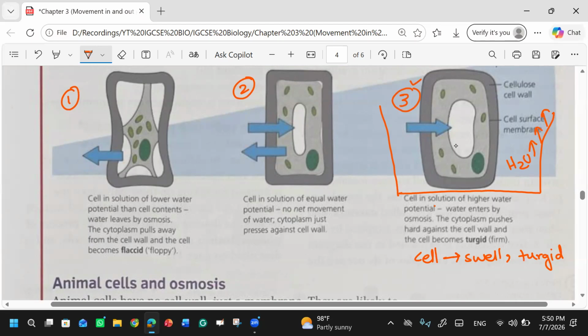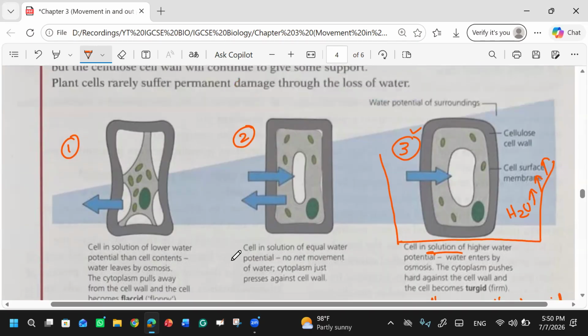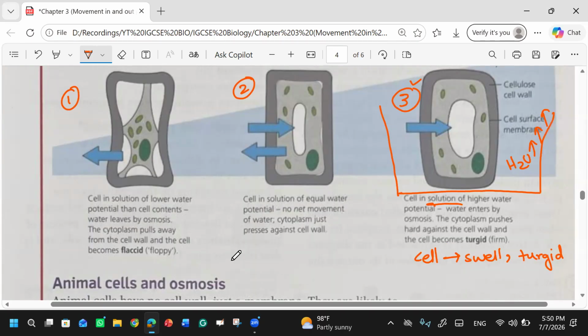So what will happen? Water will start moving from where to where? From surrounding to cell, or from cell to surrounding? They are saying that water potential is higher in this solution, so what will be the direction? If it's higher in the solution, then it will go inside.